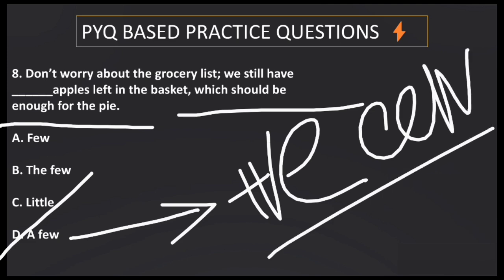That's why we shall choose a few instead of few, the few and little. And we must not use little when we know apples is a countable plural noun, not uncountable. So we must choose here a few apples left in the basket, which is sufficient. Of course it is a positive tone when you have sufficient.